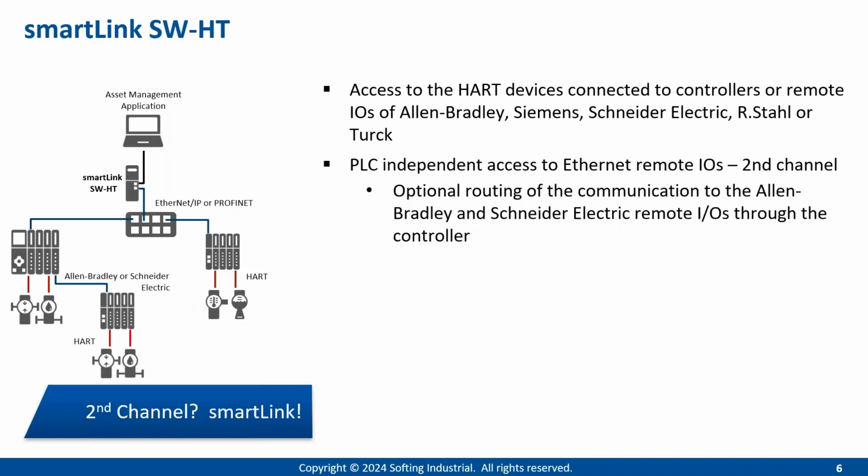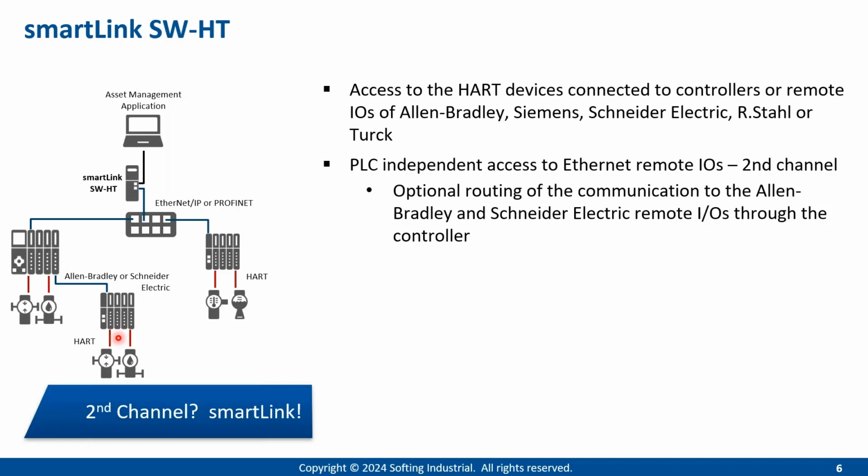In that scenario, we support an optional routing. If you have a controller from Allen-Bradley or Schneider Electric, they support routing requests. We send them to remote IOs, which are connected to the controller via Ethernet bridge modules.